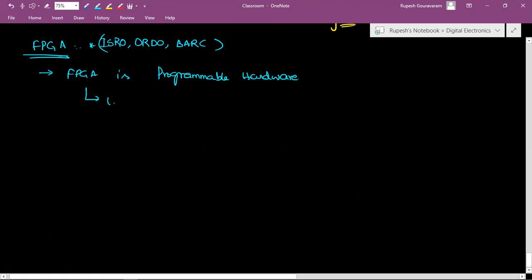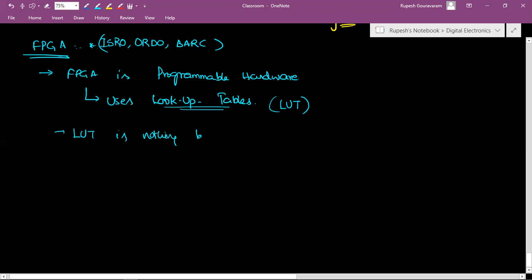This FPGA uses lookup tables. What is this lookup table? It is represented as LUT, lookup table. This LUT is nothing but a mux, a multiplexer. Whatever multiplexer we have seen, that multiplexer is nothing but this lookup table.